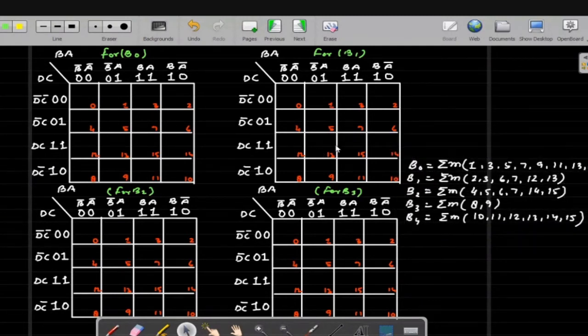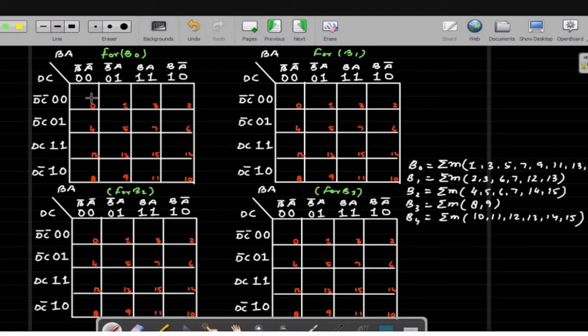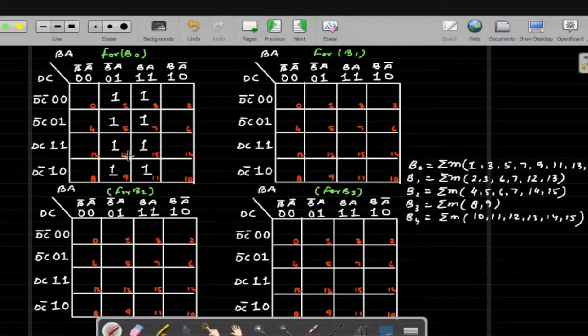So for B naught, tell me which cells we have to fill. 1, 3, 5, 7, 9, 11, 13, and 15. Okay, so what is the maximum size group you can observe in this K map?